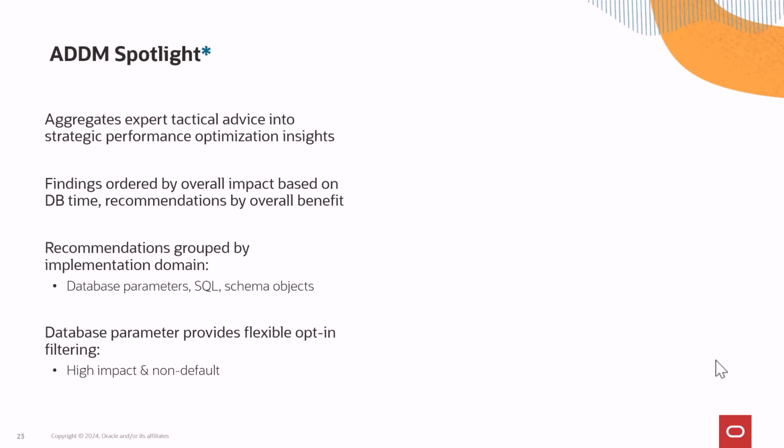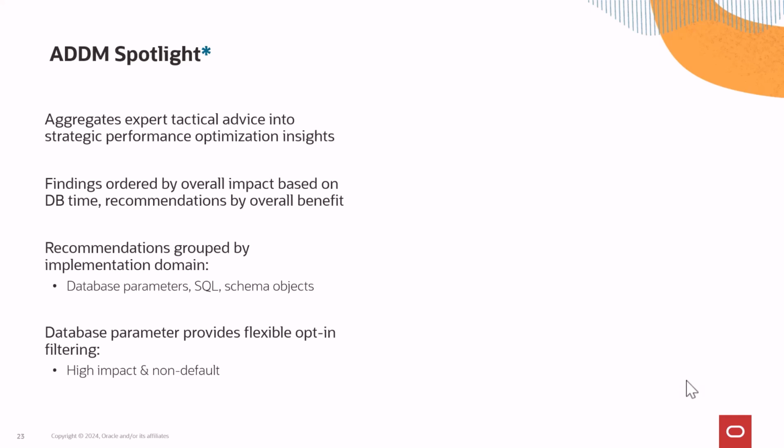For those challenges, we have ADDM Spotlight, which provides insights on what changes need to be implemented to improve performance by providing a synopsis of ADDM findings and recommendations, and it also provides the benefit of any recommendation over a longer period of time.